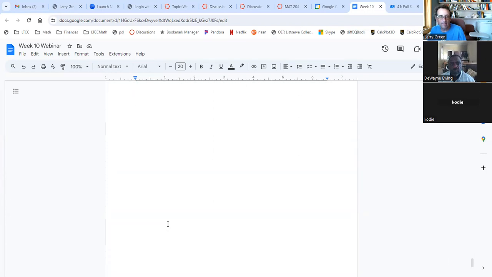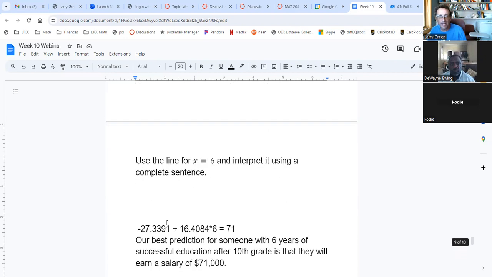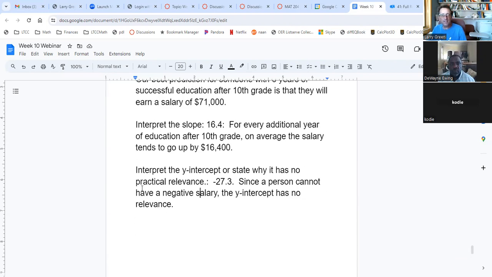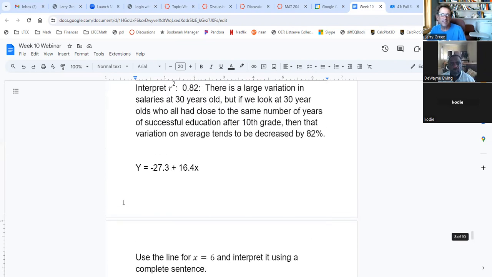Can you think of an example when there would be a relevance? Like if this equation were different, what would it have to be to have relevance for a y-intercept? Any thoughts? Let's say this was a positive 27.3.